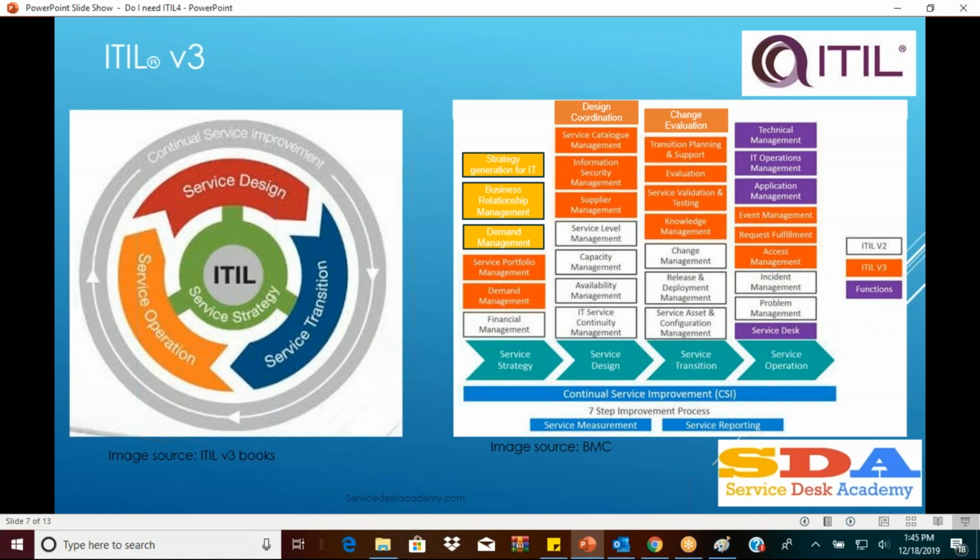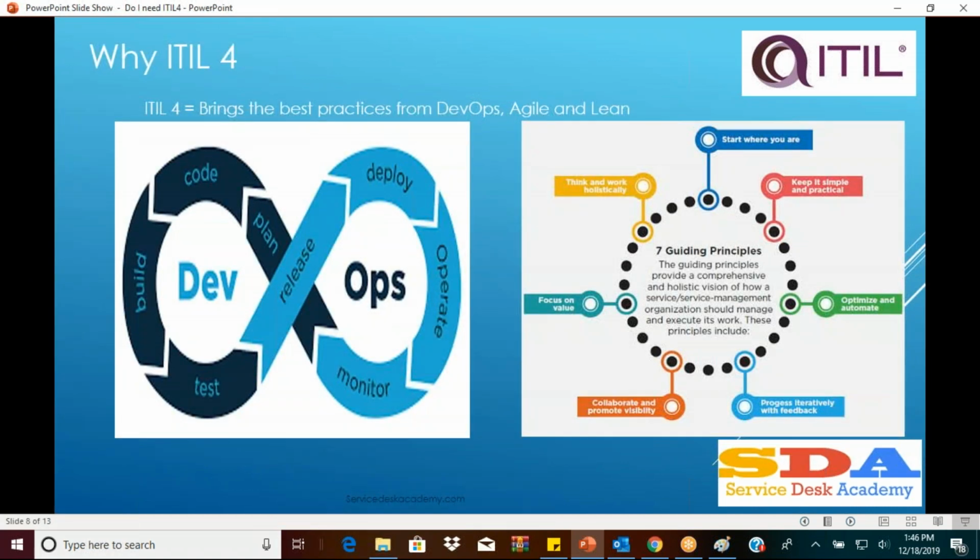So in order to bring the best practices of Agile, DevOps, and Lean, ITIL V4 has been launched, that is in 2019, right?